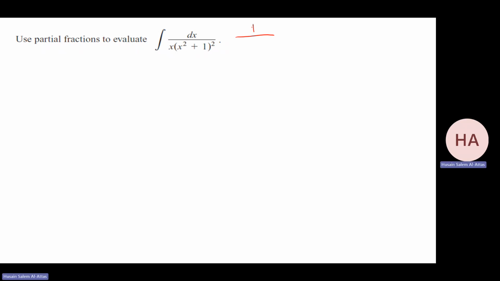That will be a over x plus (bx plus c) over (x squared plus 1), non-linear repeated, I mean quadratic, plus (dx plus e) over this squared. It seems to become a little complicated. Let us see what will happen.